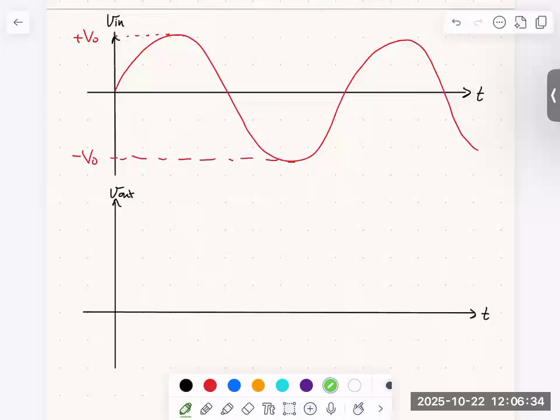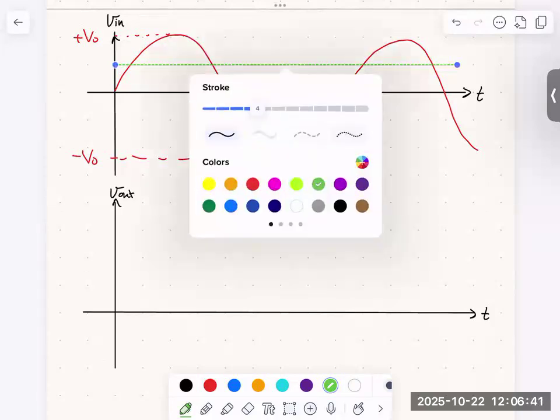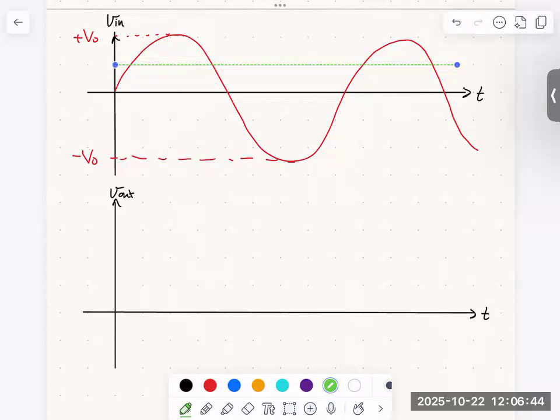And so I'm going to draw the threshold voltage in green. Something like this. Maybe I'll make it a dashed line. All right, good. So this is V threshold. And so some important times are going to be when the input crosses the threshold voltage. And so I'm going to drop down some lines here. Like so.